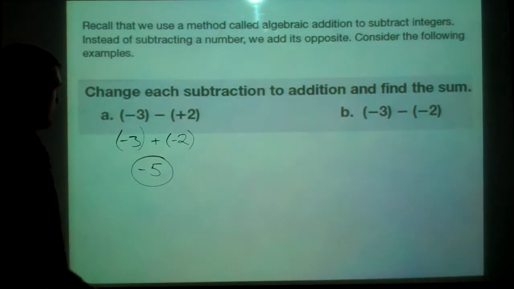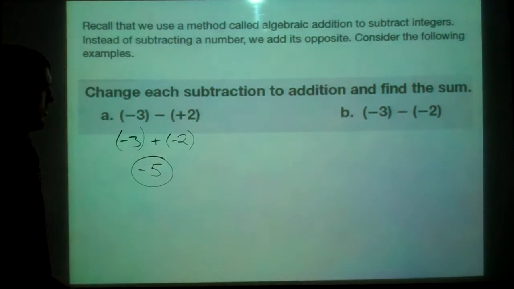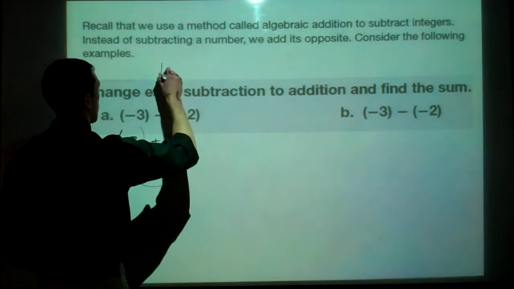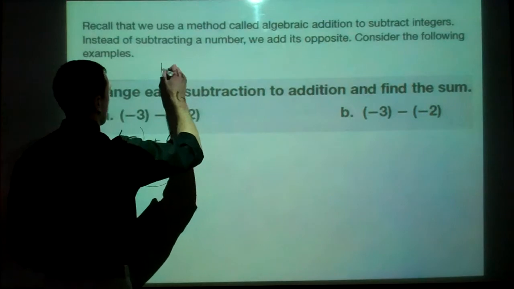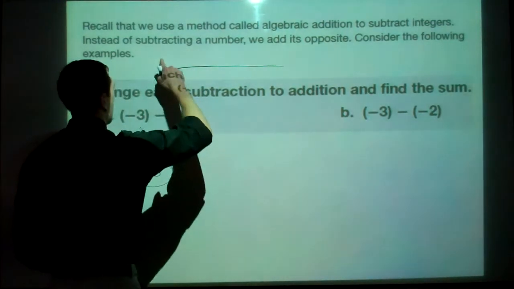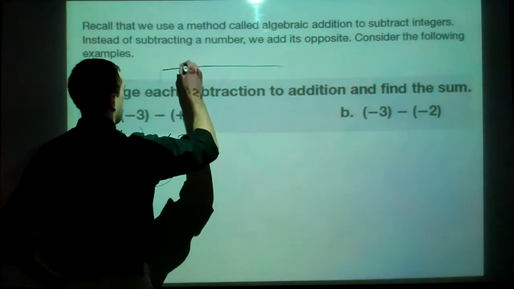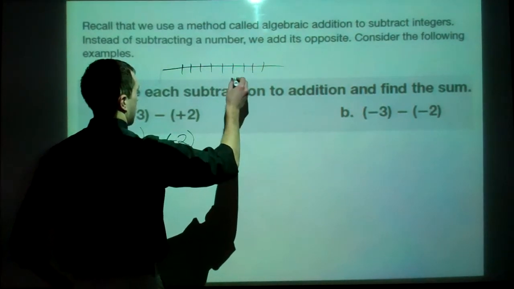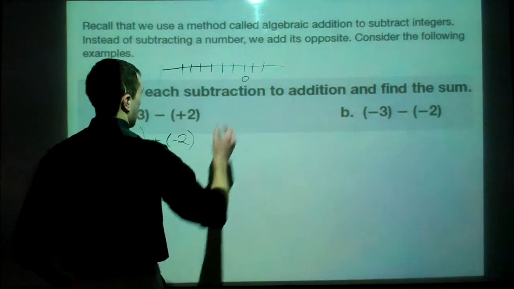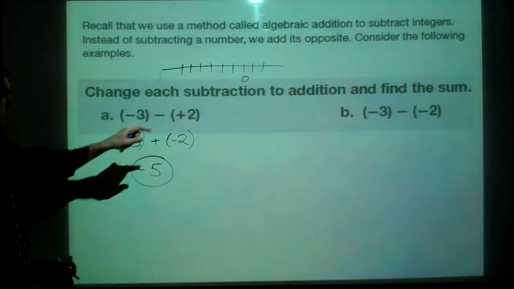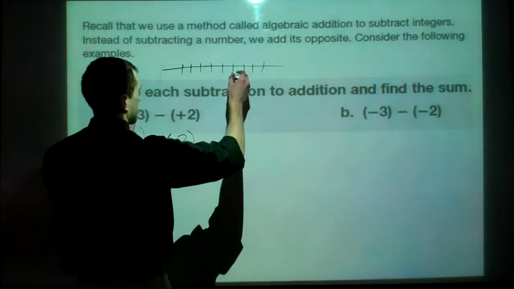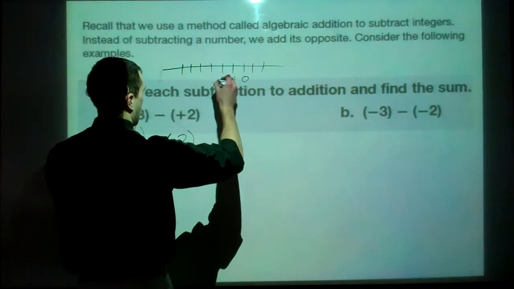We can show these on the number line too. Let's say we do this one, -3. Let's just make some lines here. We always want to start at 0. Alright, so 0, we're going to start there, and from there we're going to go back 3, or -3, so that'd be -1, -2, -3.